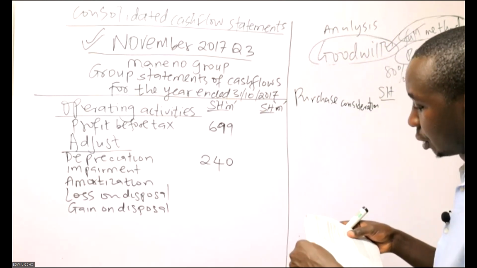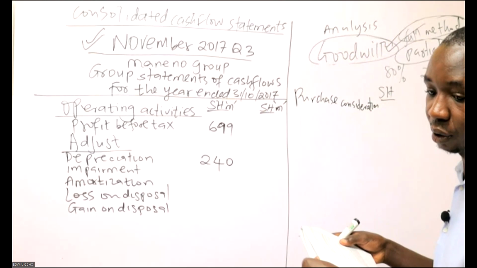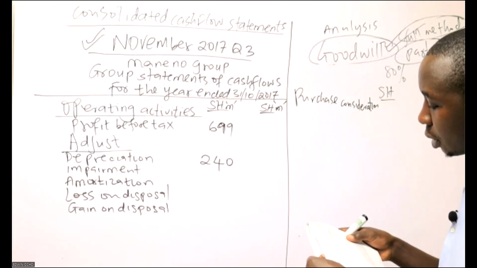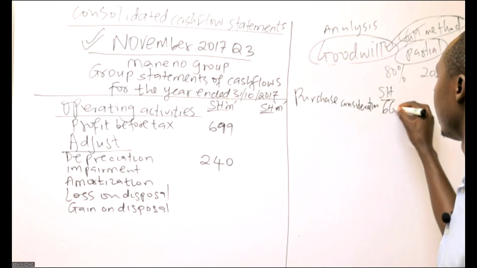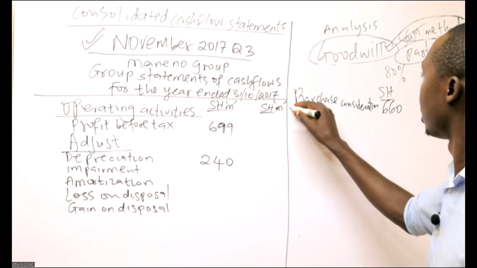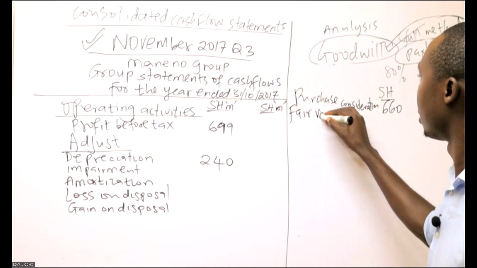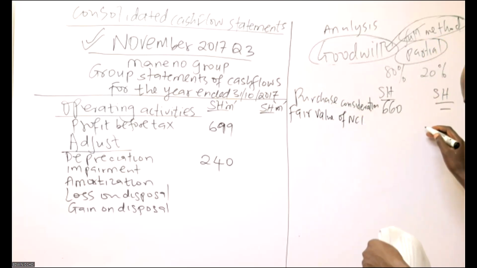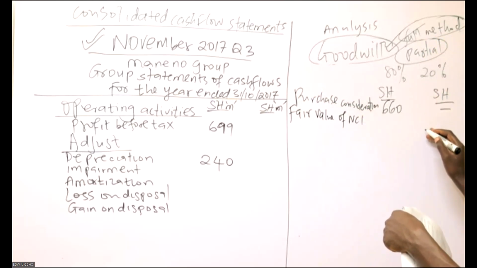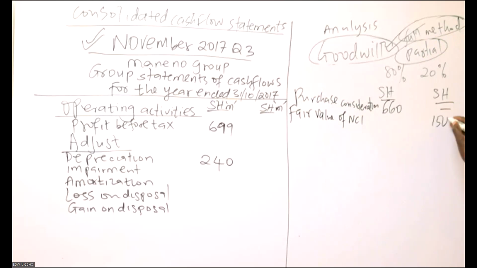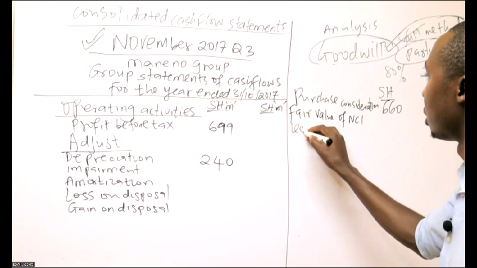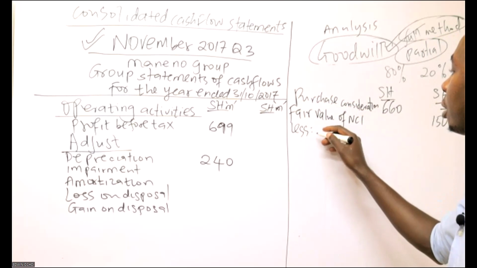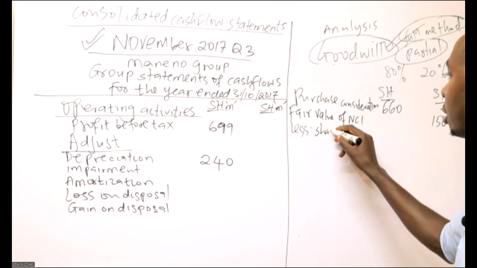So the purchase consideration here, when the subsidiary had been acquired on 1st November 2012, was a cash payment of 660. The fair value of NCI, you put it in the other column, and this is 150. So you raise the share of net assets acquired.